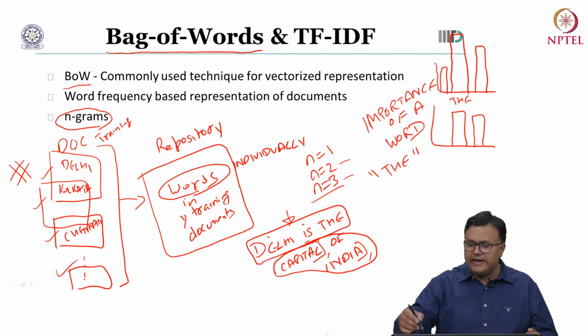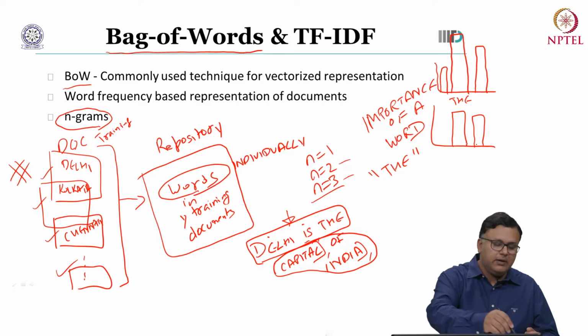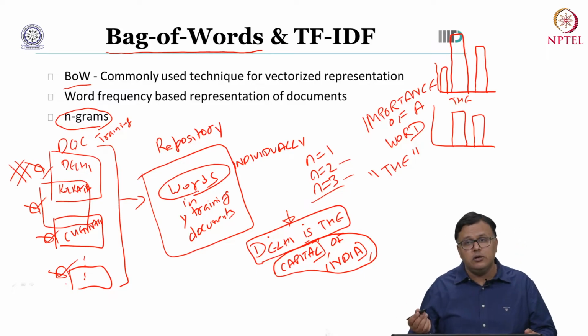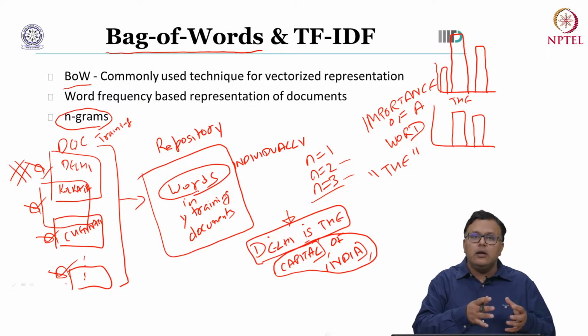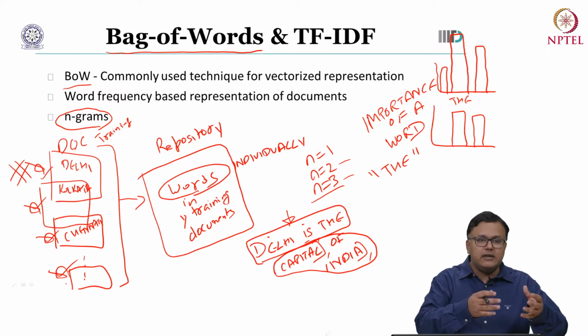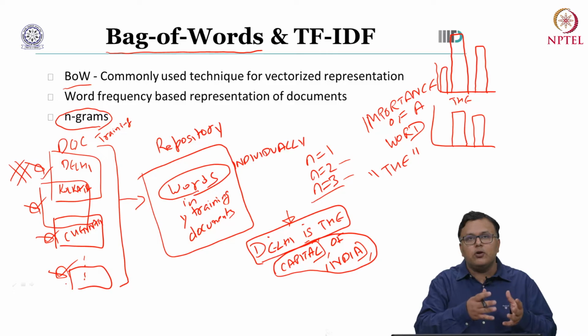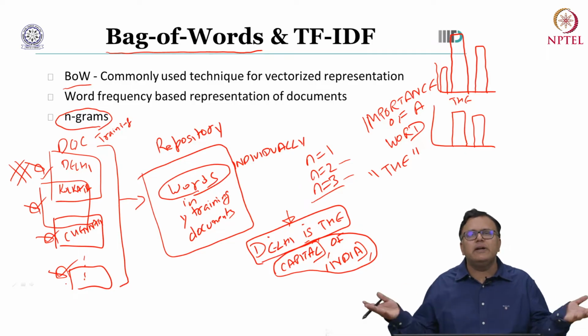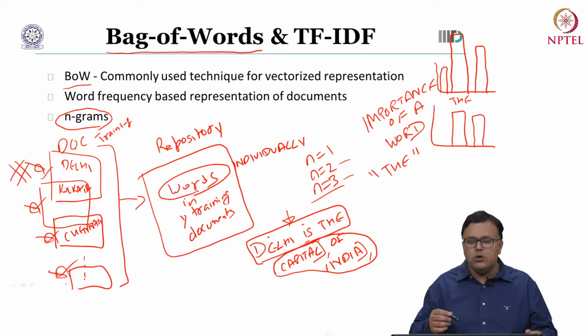So the doesn't help me much in discriminating between the types of document, and perhaps from the context of emotion recognition, it is not helping me much in discriminating between, if let's say the perceived emotion from a document is class X, and then in another document the perceived emotion is class Y, because the is happening so many times, it's not really helping me much, right? So how do we take care of this situation?